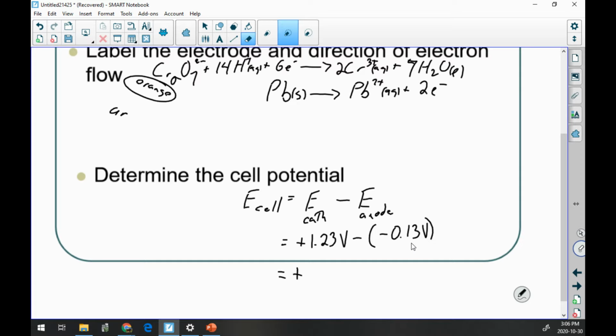So a voltmeter connected to this cell would read 1.36 volts with the electrons flowing towards the carbon electrode, which is your cathode.